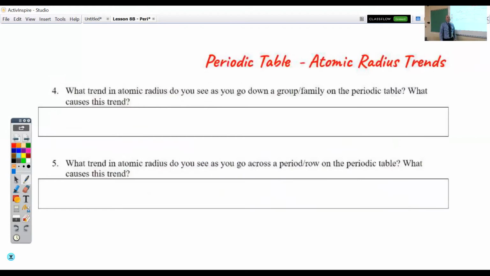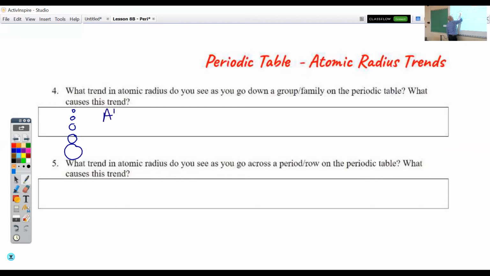Okay, looking at the next part. Now we have some questions that we're going to answer. So the first one says, what trend in atomic radius do you see as you go down a group or family on the periodic table? And then what causes this trend? So the first part, and we talked about this in our last class, is that as you go down a group, we start to see the atomic radius get bigger.